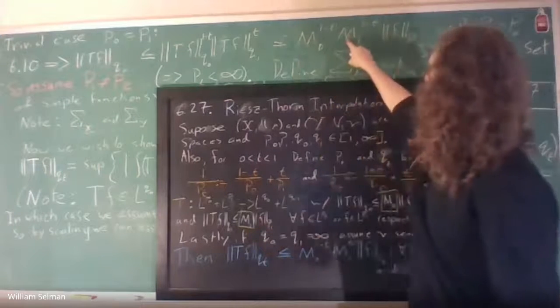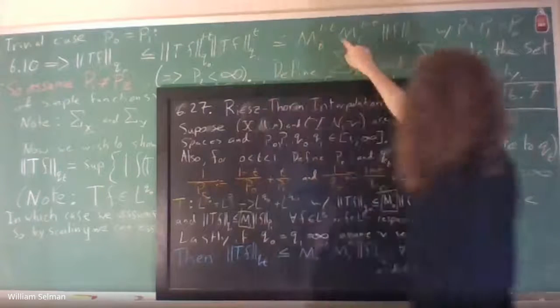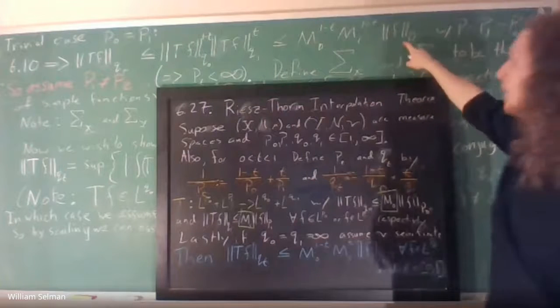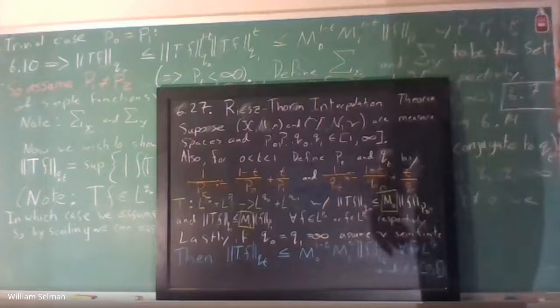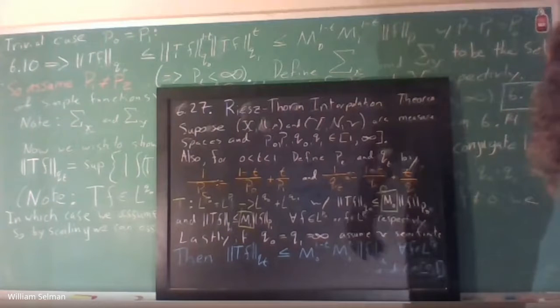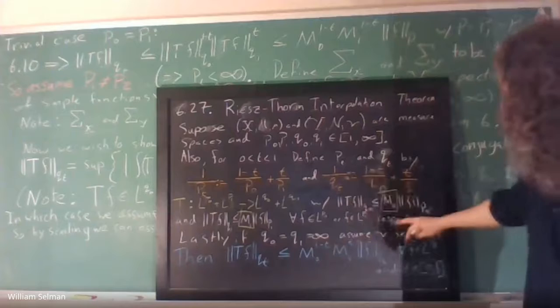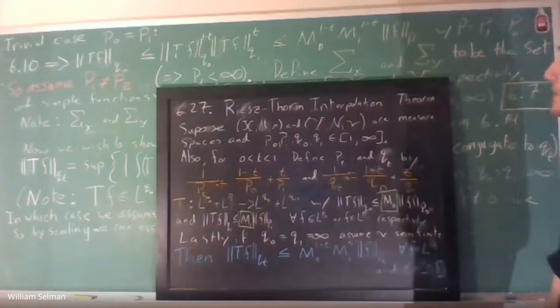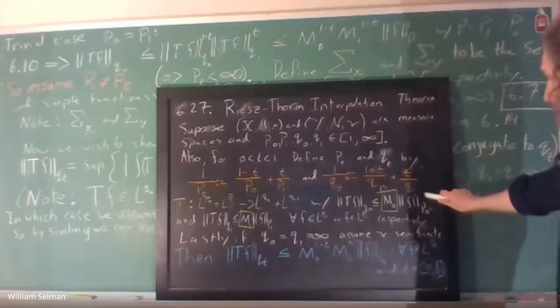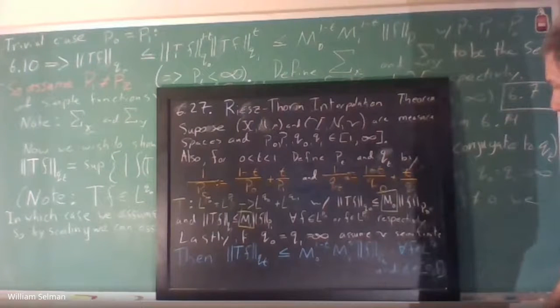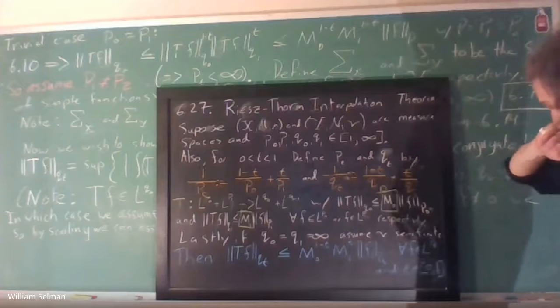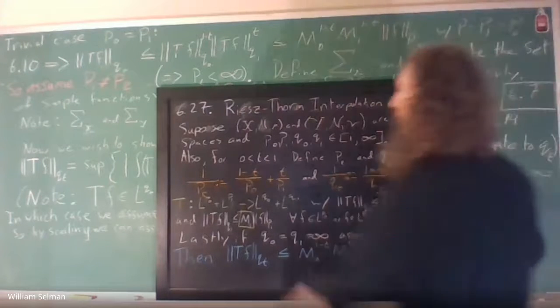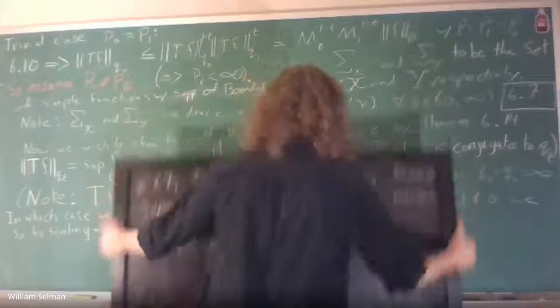So that's less than, with those exponents, the product, and obviously it's less than F of P, because that was how we defined M naught and M1 in the original statement of the theorem.